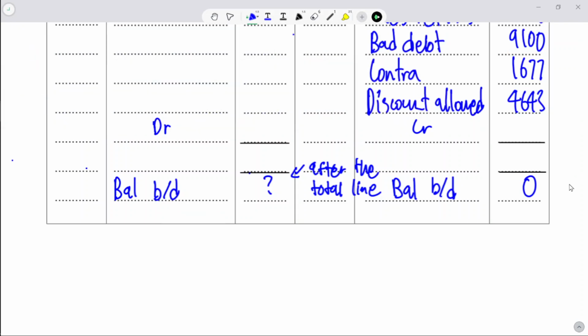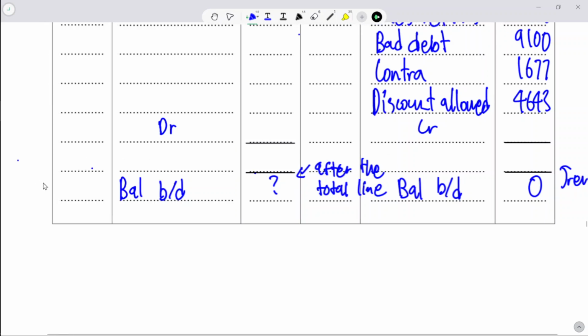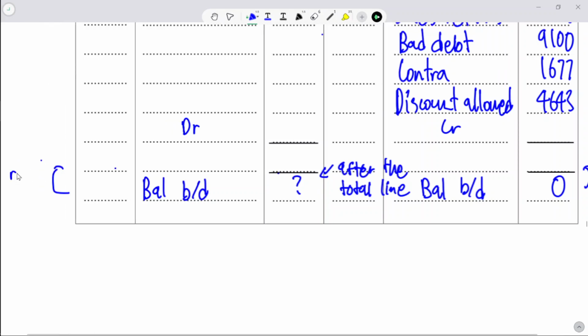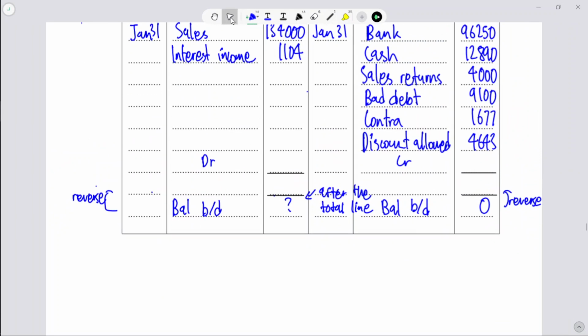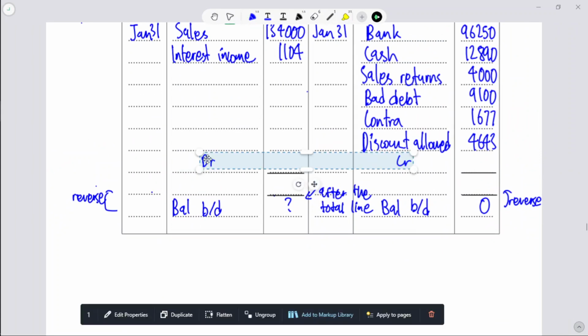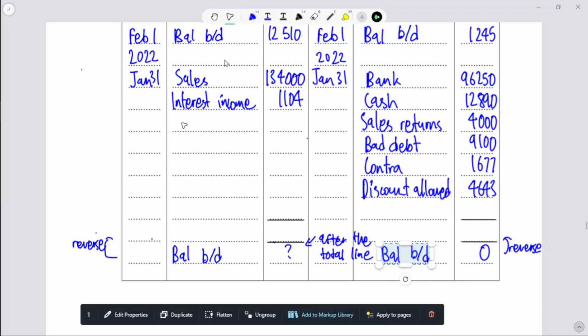Okay. What you need to do is do it in reverse. This one also you need to do in reverse. You need to think reverse. Okay, I better use a different color.